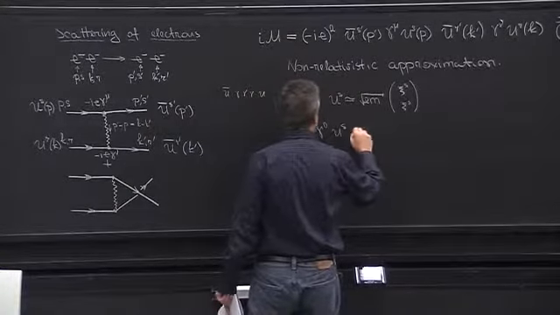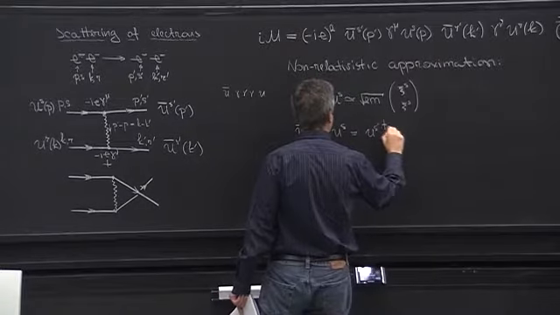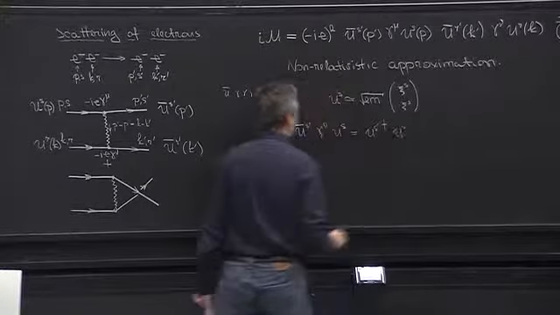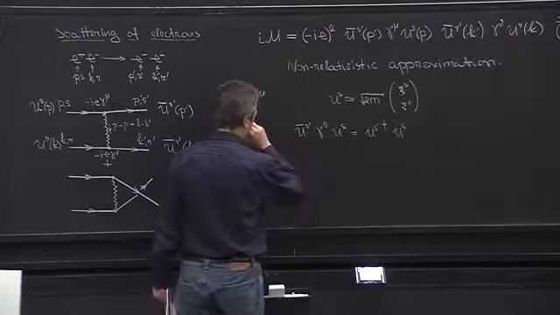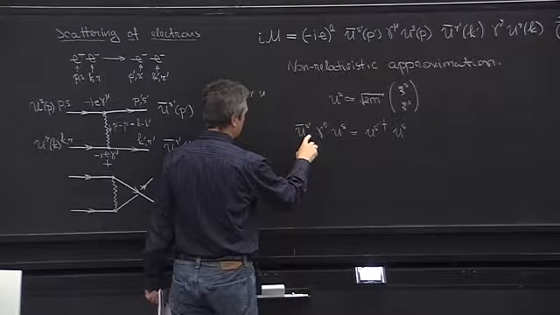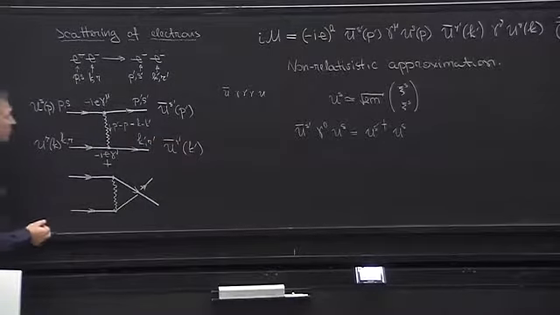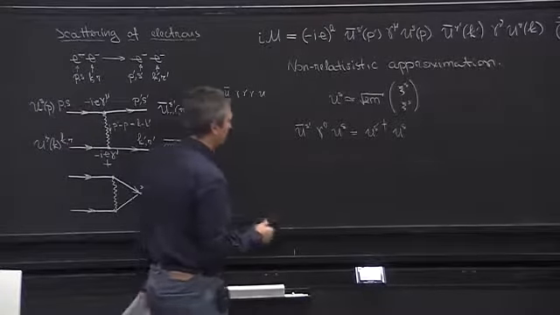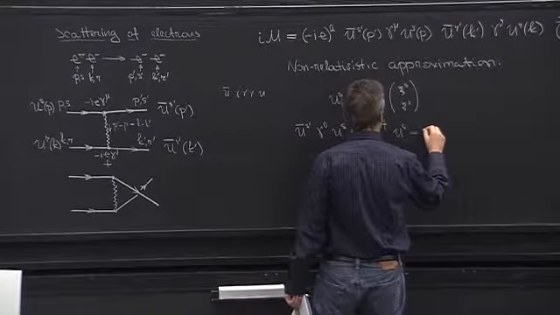So this will be equal to just u_{s'}† u_s. This is because ū is defined with multiplication by γ^0 from the right, so γ^0 cancels.